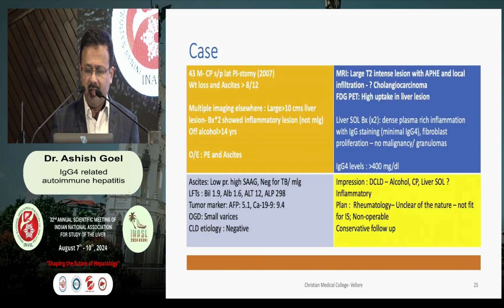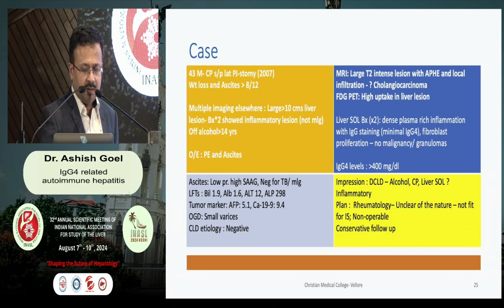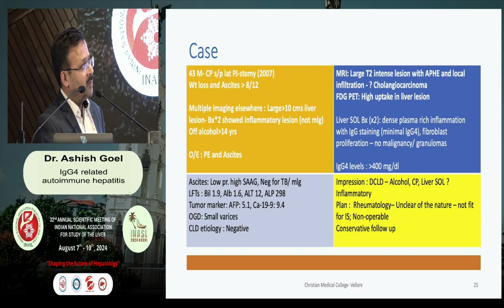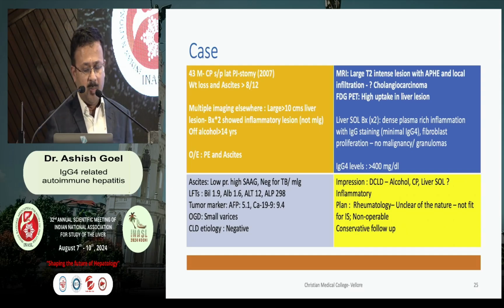IgG4 was negative, but we had dense infiltration with IgG staining and no malignancy or granulomas in the biopsy. Serum IgG4 was more than 400, normal is 135. So it looked like a clear-cut case of IgG4 related liver disease for us, but the rheumatology was not convinced.